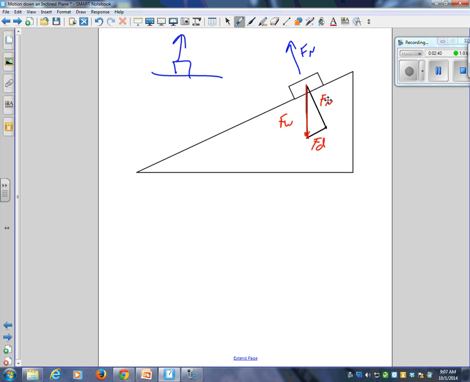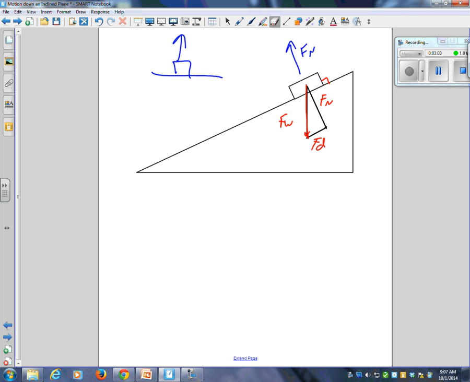And so on the box, I'm going to call this one here the normal force. Some books like to call it F perpendicular because it's perpendicular to the plane. I just find that Fn, even though it's glossing over a little bit, makes things simple a little bit later down the road. So those are the components, Fd and Fn.